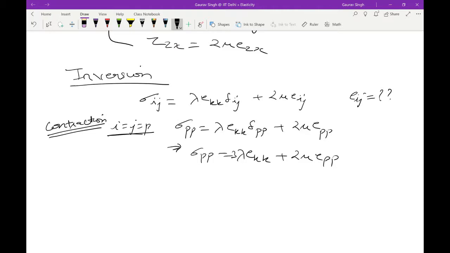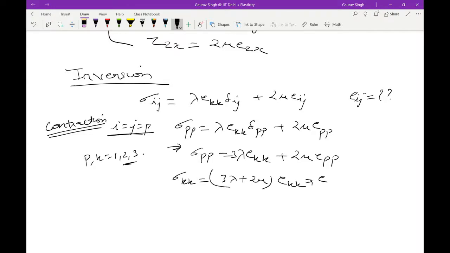Now e_pp and e_kk are the same, in the sense both p and k go from 1 to 3, so they can be interchangeably used. So I'll write it as sigma kk. Sigma kk is equal to (3 lambda plus 2 mu) e_kk.